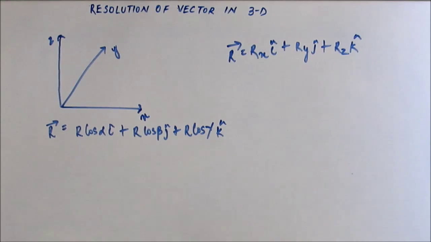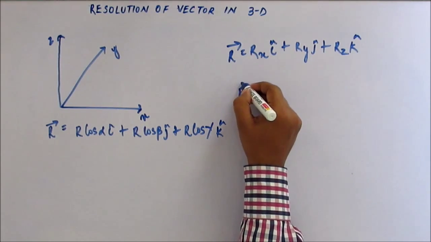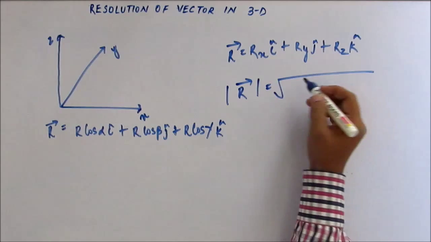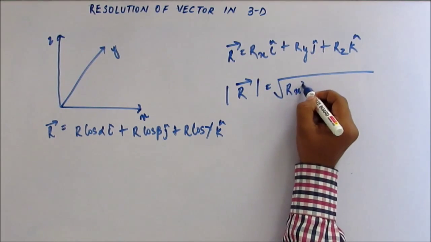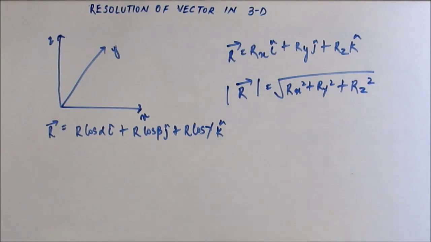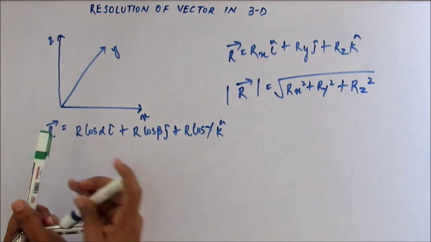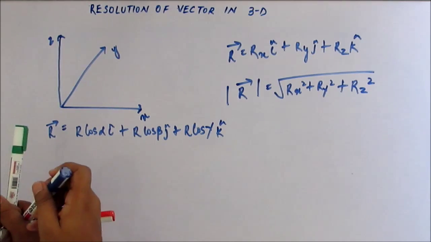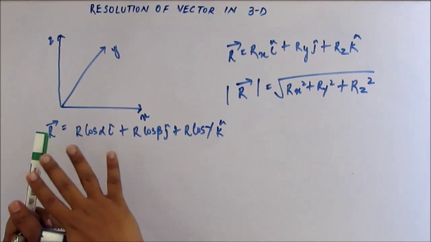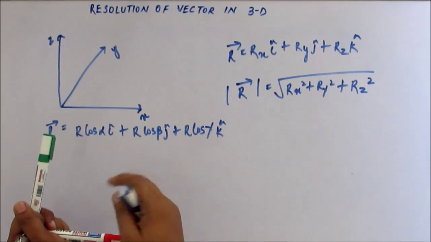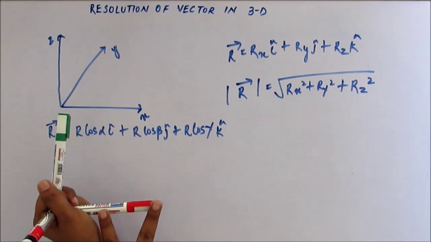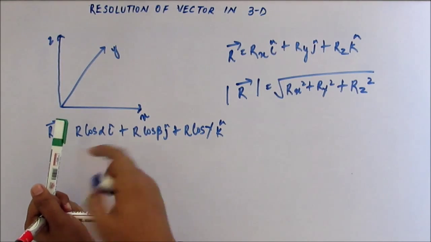Now you should be able to figure out that the magnitude of R vector would be simply, as we used to do for 2 dimension, Rx squared plus Ry squared plus Rz squared under a root. Because when you have a vector resolved along x, y, and z axes, if you just look in 2 dimension, we have seen before that the sum of the squares of the x component and y component gives the square of the net component.